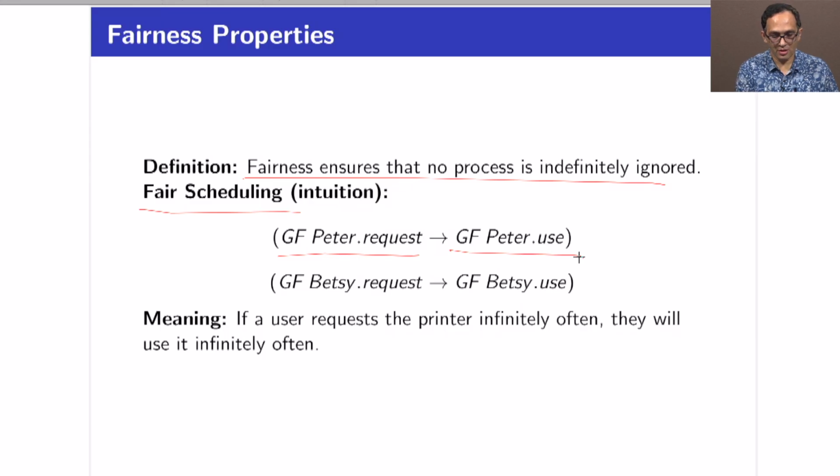So this is the example of if you want to request, you will get to use it eventually, right? So that means somebody is not suffering starvation. You are not waiting indefinitely to get your access, right? So that is fairness. So in general, we can take a property and think about whether it's a fairness property, a liveness property, or a safety property.